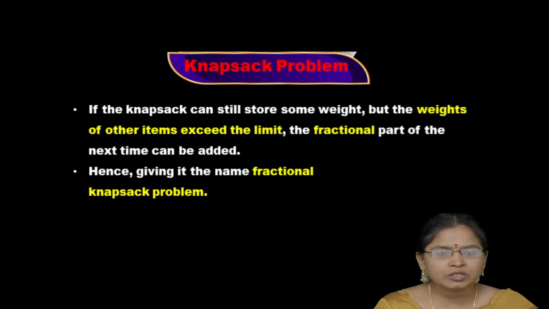Suppose the knapsack can still store some weight but the weight of the next item exceeds the limit, then we have to add the fractional part of the next item into the knapsack. So, the knapsack problem is also called the fractional knapsack problem.